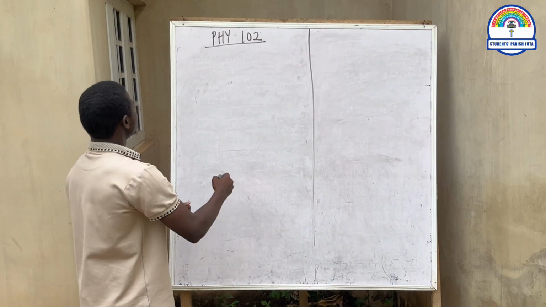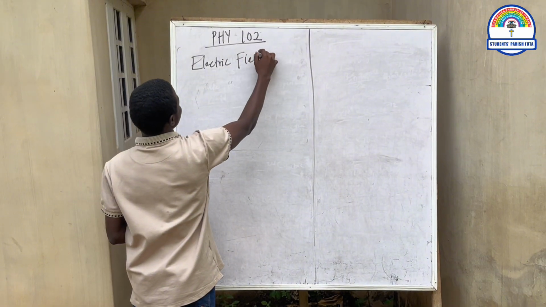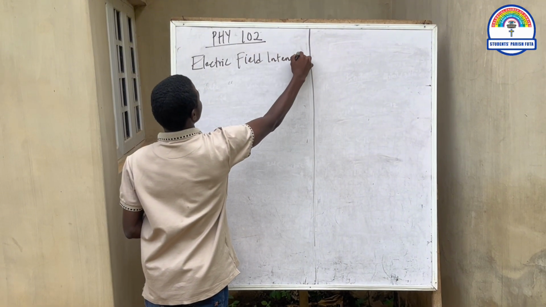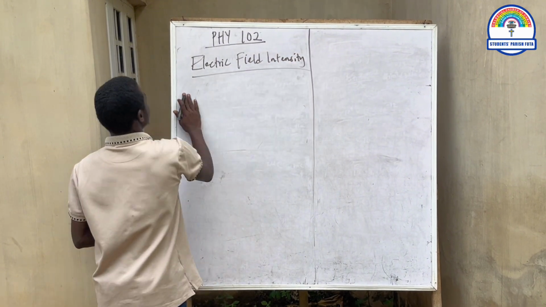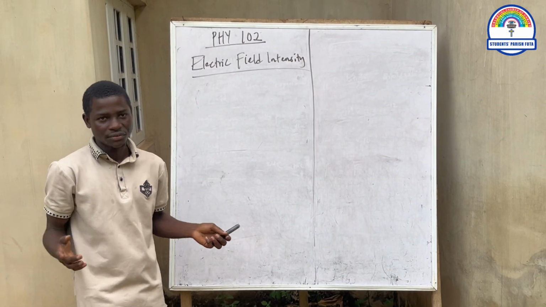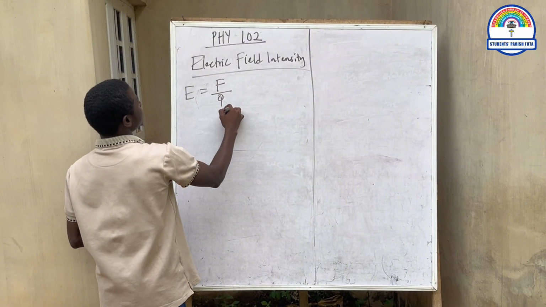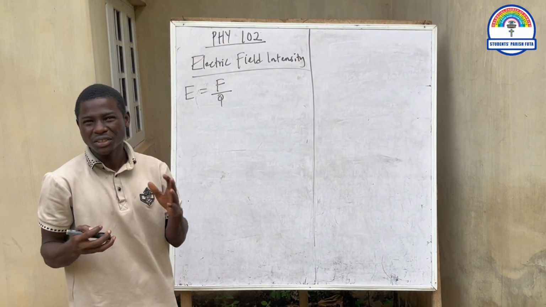So now let's go to electric field intensity, which some briefly just call electric intensity or electric field. The electric field intensity is the force experienced per unit charge. Force per unit charge. That is it.